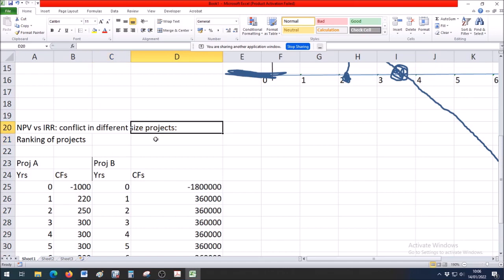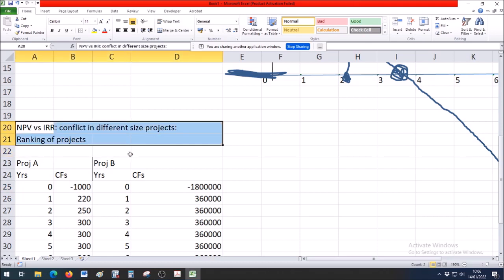It's much better to earn 12% of 1.8 million rather than earn 22% of just $1,000. Okay, so sometimes these two, I mean NPV and IRR, they can conflict on the ranking of the projects.